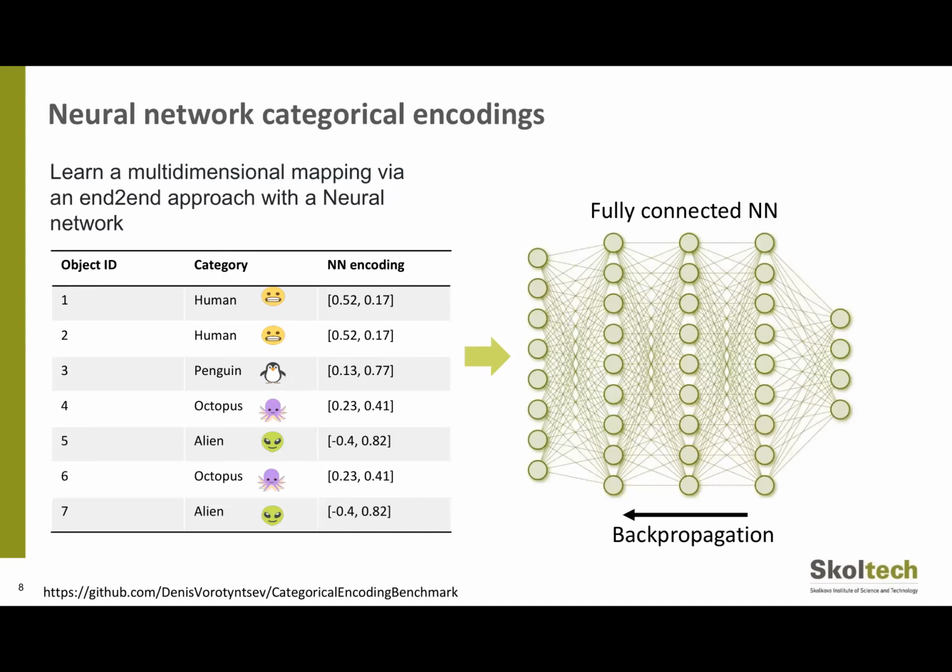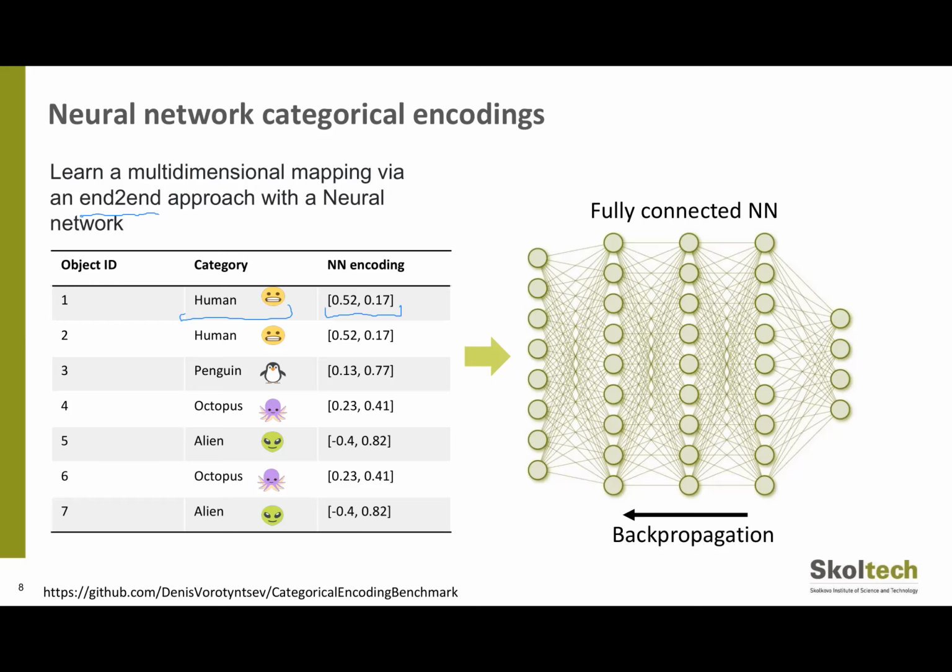Another approach to construct an encoding is, for sure, based on neural networks. As categorical encodings, again, we can say that for each value of a categorical feature we want to have a set of numbers, two-dimensional or maybe three-dimensional, and so on. And so we can construct an end-to-end approach with a neural network, and we can optimize this encoding to make the result better.